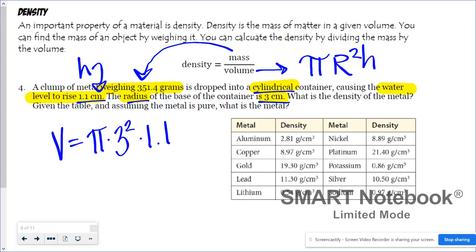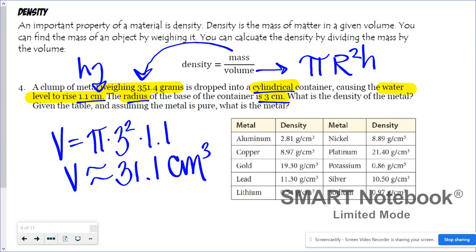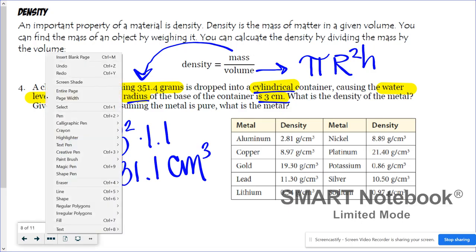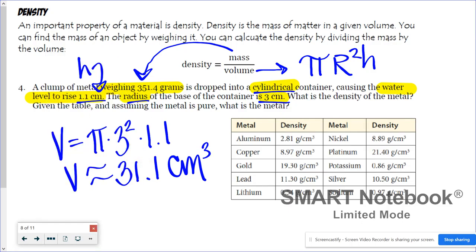So let me calculate this. And I get approximately 31.1. And that would be cubic centimeters. All right. For me to find the density, I need to take the mass and divide it by the volume.